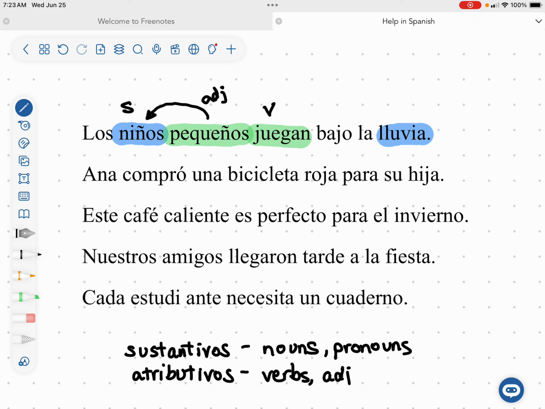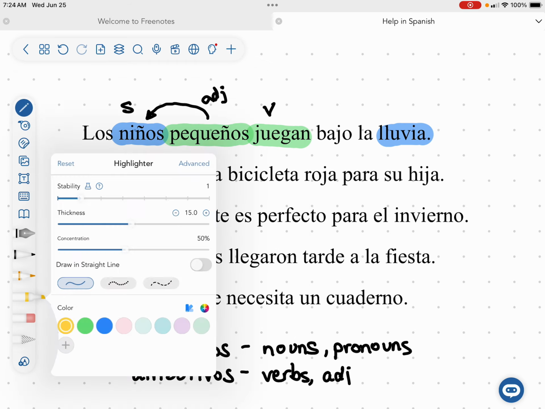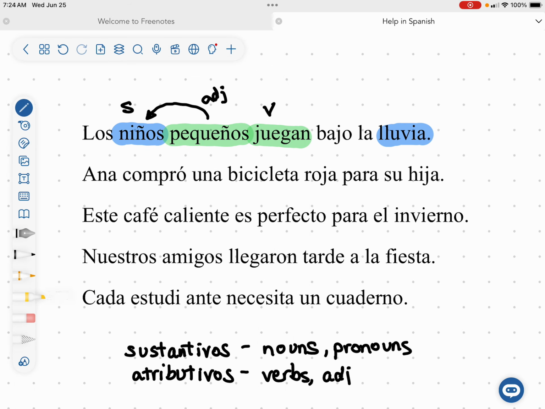Now we're going to look at the connecting words, and we're going to use orange for that. Whatever that color is right there, we're going to use. So, los niños juegan bajo la lluvia. What our connecting words do is they create relationships between either words or ideas.